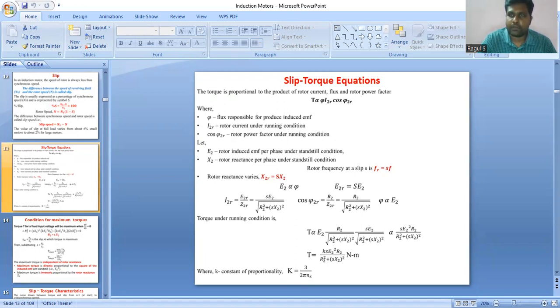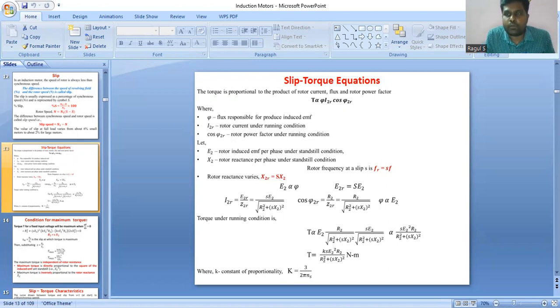So the above equations clearly explain that the maximum torque depends upon two factors: one is the induced EMF, and the other is the rotor reactance. The maximum torque is directly proportional to the square of the induced EMF and inversely proportional to the rotor reactance.